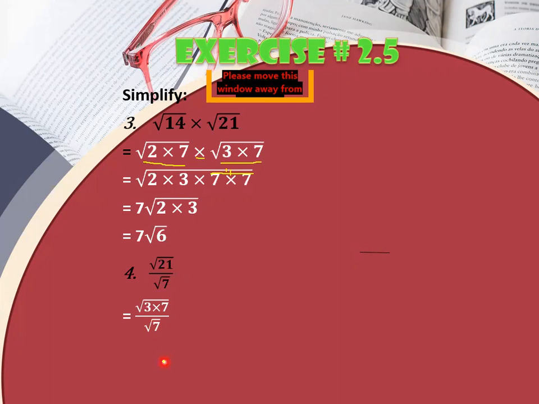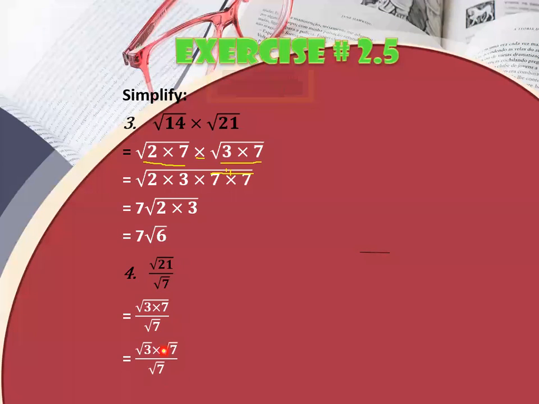Now you will split the numbers and write under root 3 multiplied by under root 7. Now this will be cancelled with this one and the answer will be under root 3.